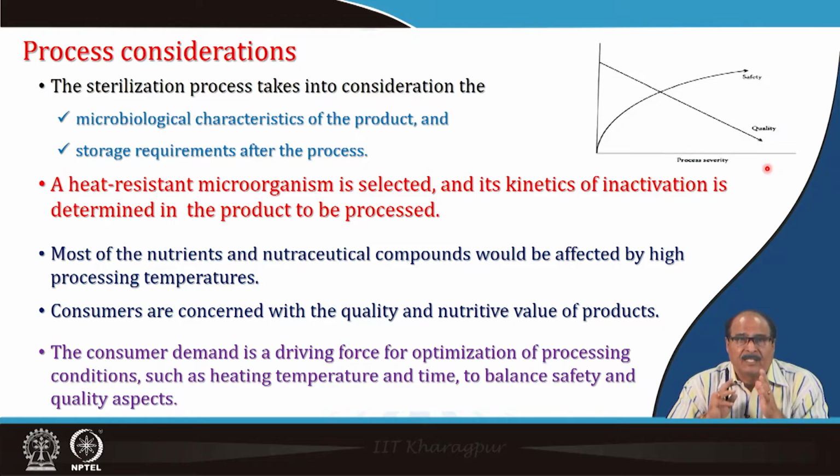So, here the sterilization process takes into consideration two important things, that is the microbiological characteristics of the product and storage requirement after the process. Consumers are now concerned with the quality and nutritive value of the product. So, the consumer demand is a driving force for optimization of the processing conditions such as heating temperature and time to balance the safety and quality aspect.